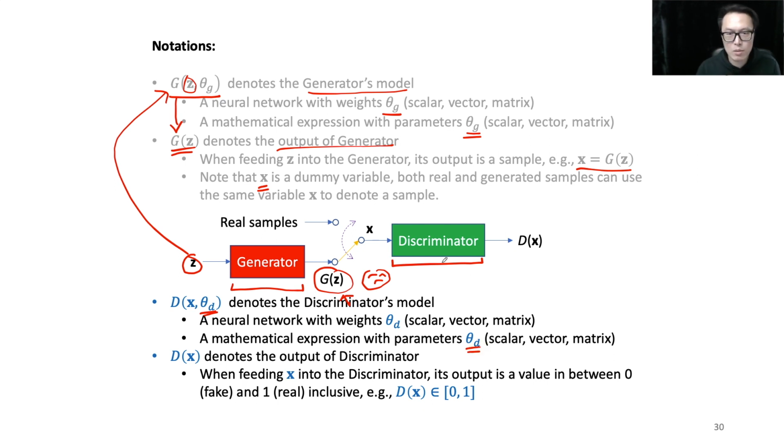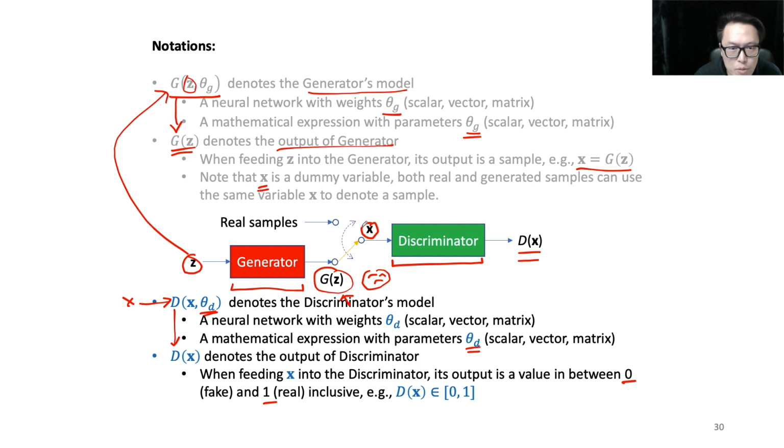When we input x into this function, it gives you the output D(x), a value between 0 and 1. 0 means it is a fake image and 1 means it is a real sample.